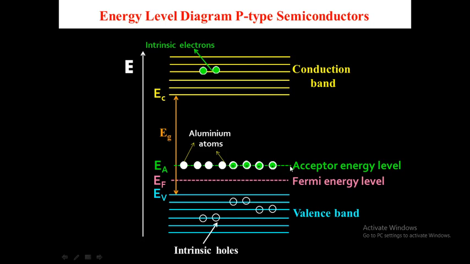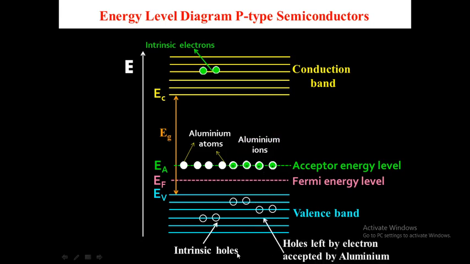So there are 2 types of holes in the valence band. One pair of holes is called intrinsic holes, and the other ones are called holes left by the electrons accepted by the aluminum. These holes are formed when the electrons are accepted by the acceptor atoms, that is aluminum atoms, and then the aluminum atoms become aluminum ions.